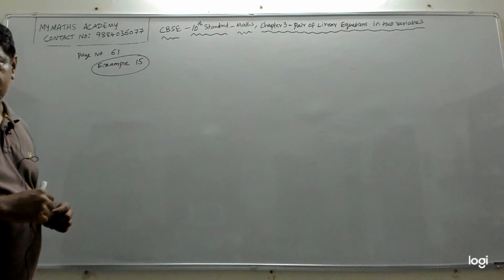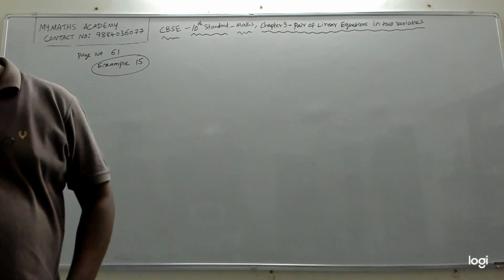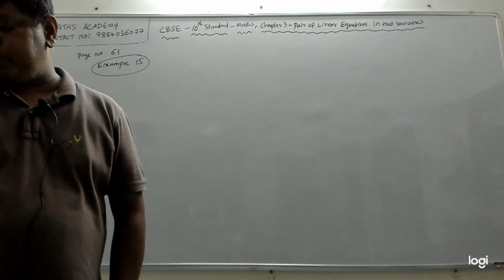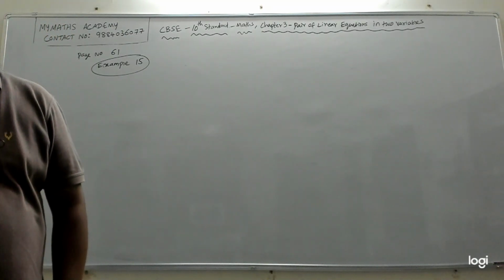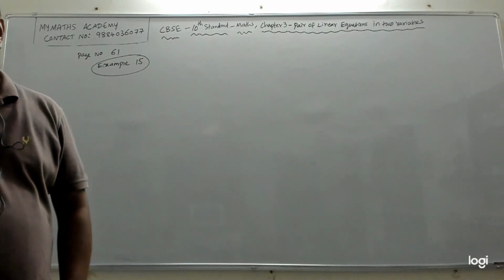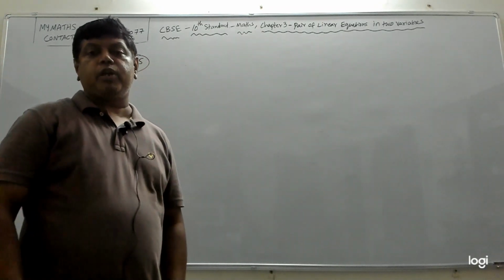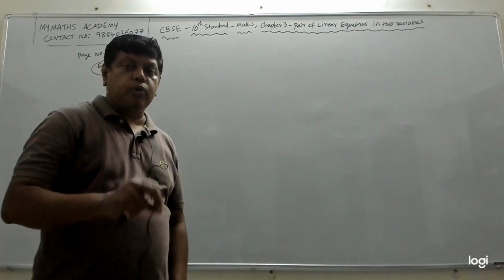So what is example 15? It says, for which value of p does the pair of linear equations given below have a unique solution? We need to find for what value of p the given set of equations has a unique solution.